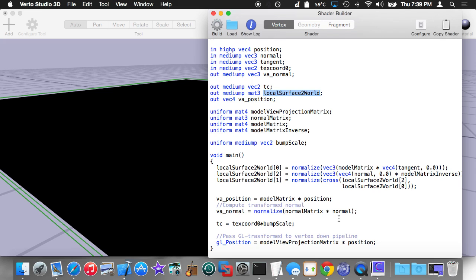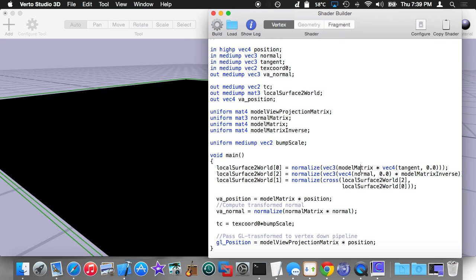And basically what we're doing here is building that transform. So when you see that I'm assigning the 3 columns of surface to local world there, I'm building that transform. It is hard to explain this stuff, so I'll try to go slow. Basically, the transform is built by using the 3 axes of the coordinate system that I'm trying to go to.